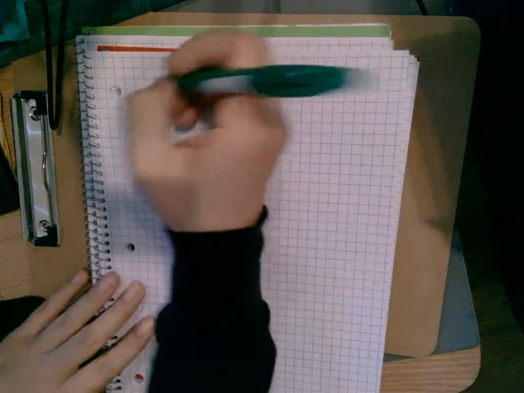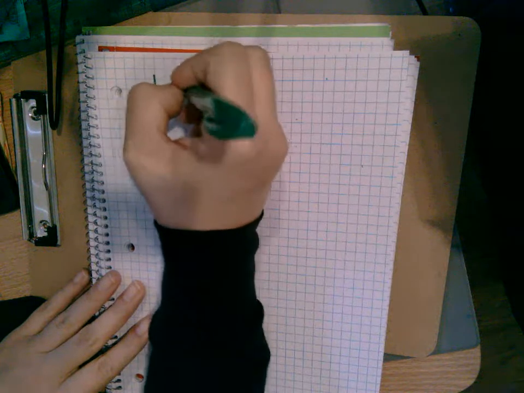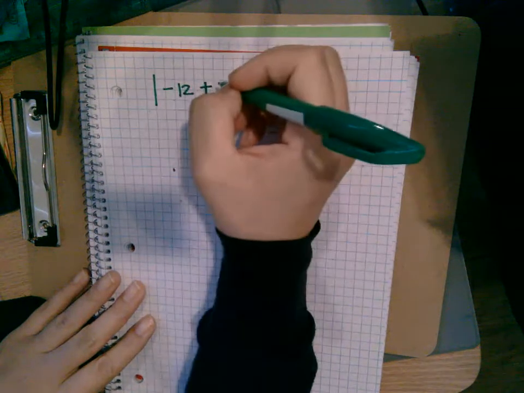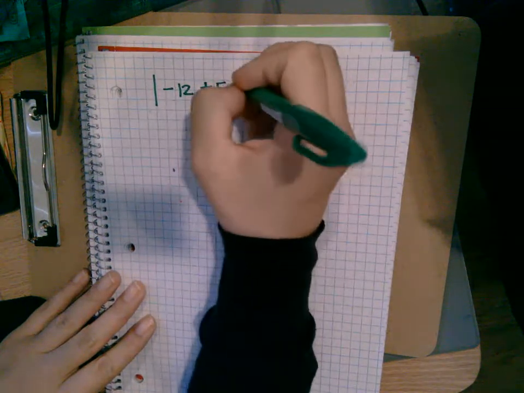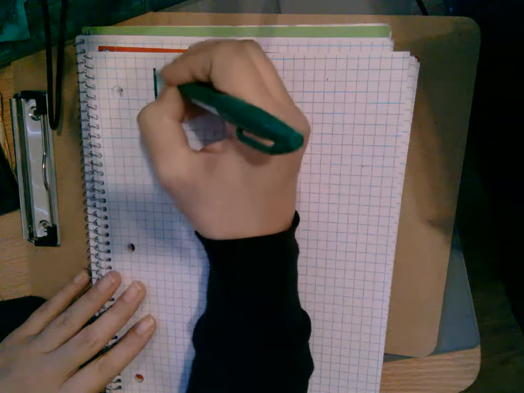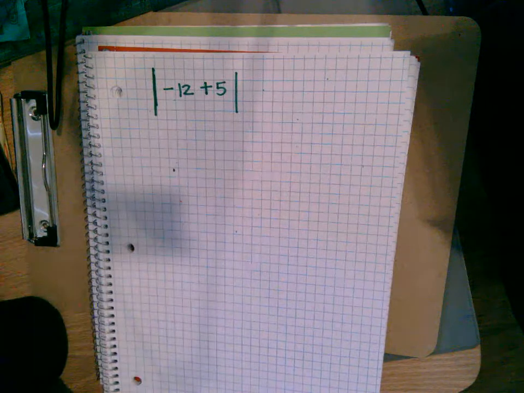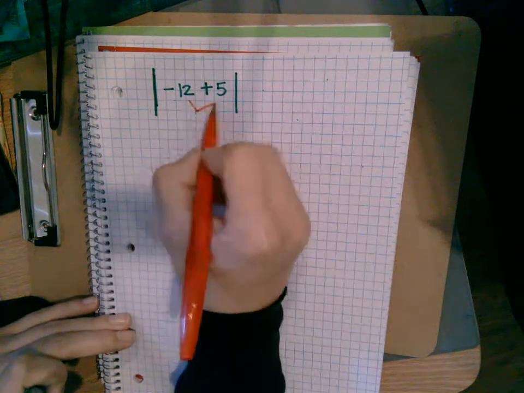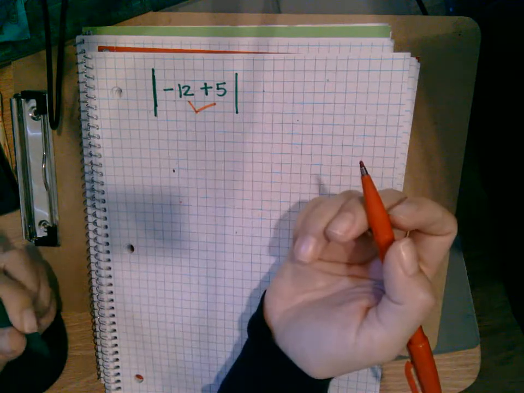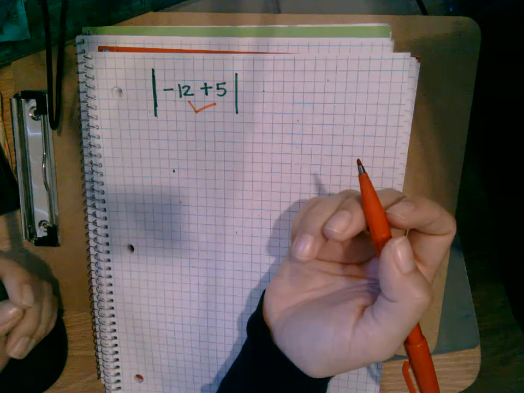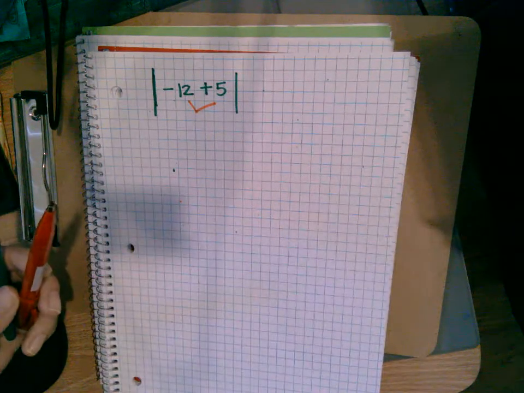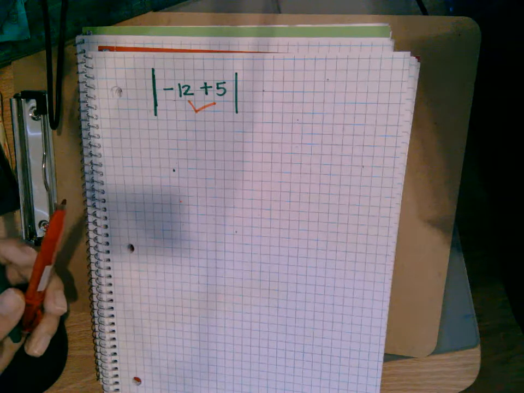All right, so now we're going to do negative 12 plus, let's do 5 in the bars. They're all in the bars, right? So if they're all in the bars, we're going to do the math part first. What's negative 12 plus 5?